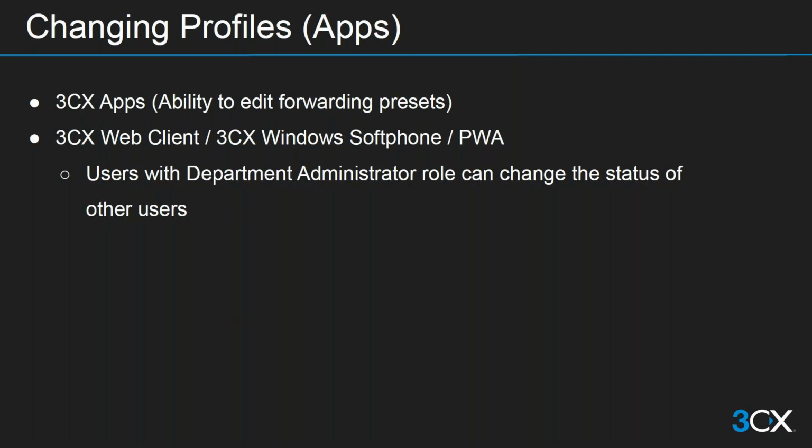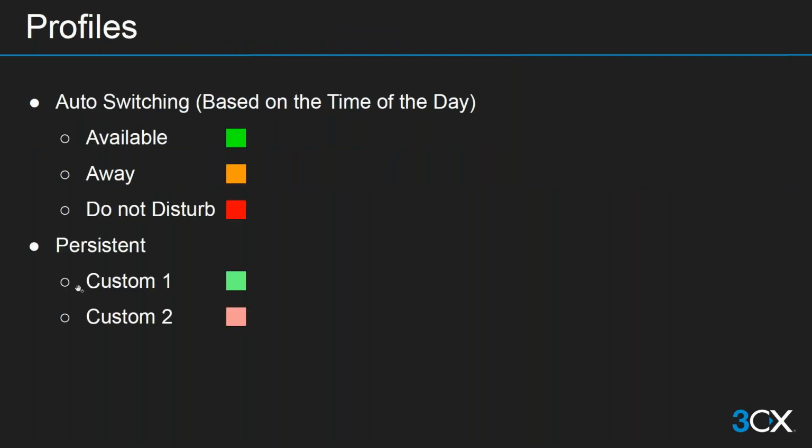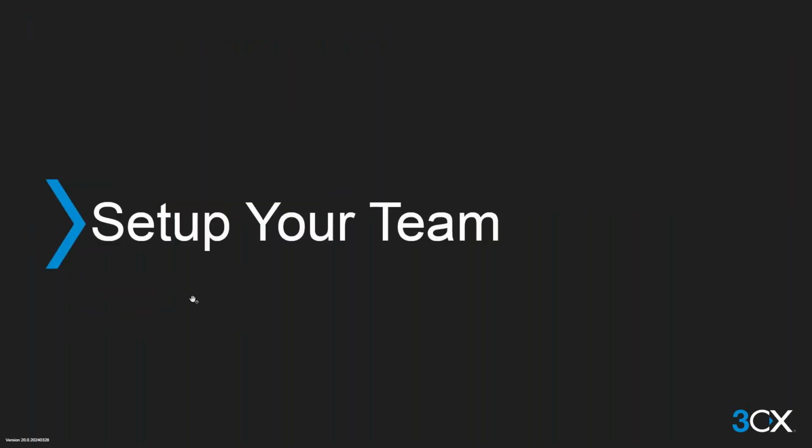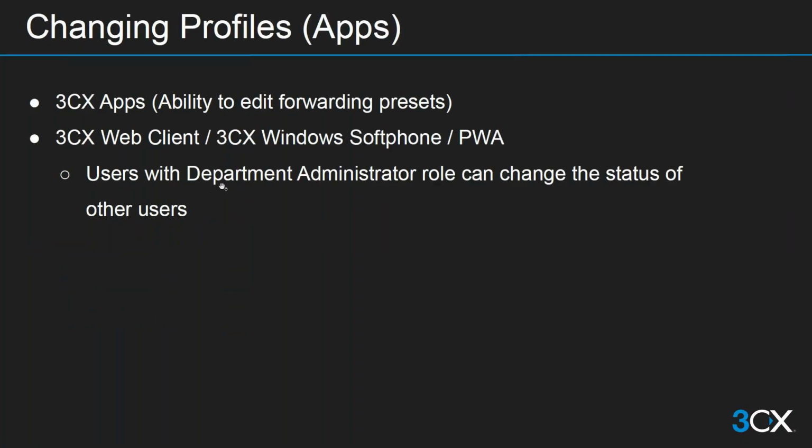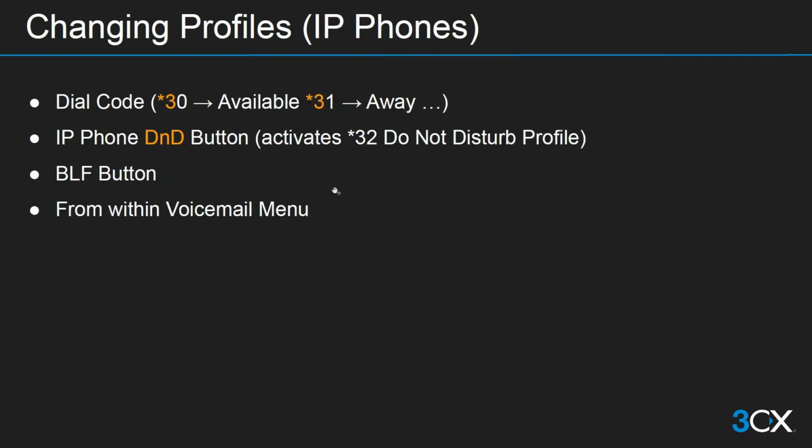So for example, going back, when you put yourself into custom 1 or into custom 2, custom 2 is probably even worse, and you forget that, someone with the department administrator role can simply switch you back into the daily rules.